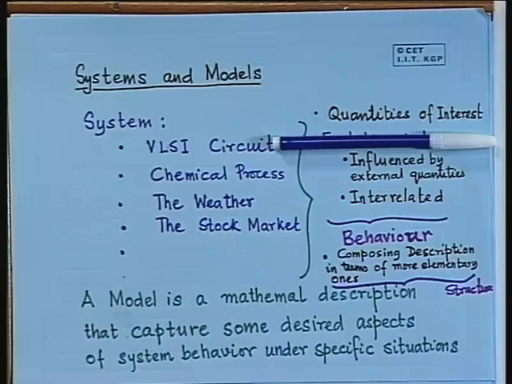So we always have some quantities of interest which we want to study or predict or control, and typically these quantities change with time, they evolve in time. Their evolutions depend on each other's evolution, so they are interrelated, and very often they are influenced by external quantities.